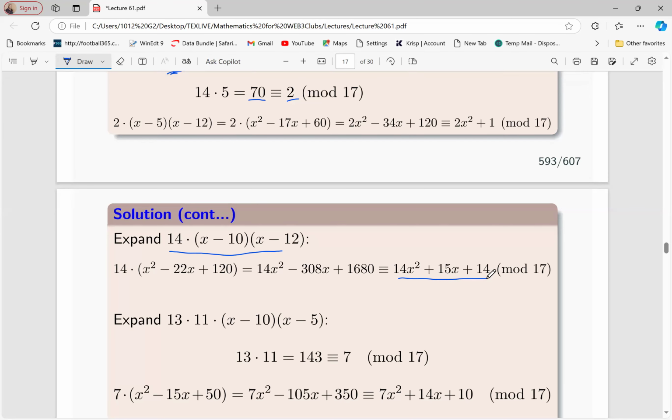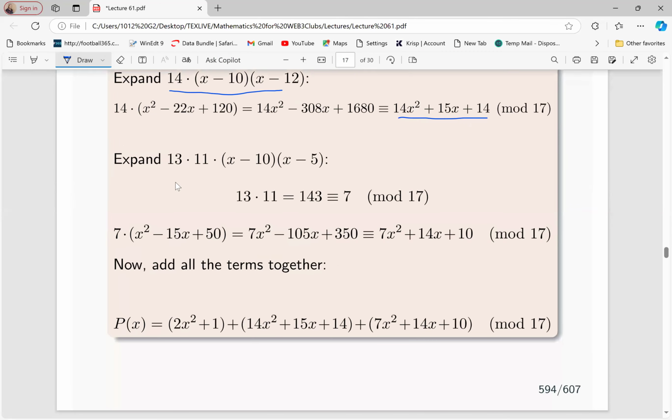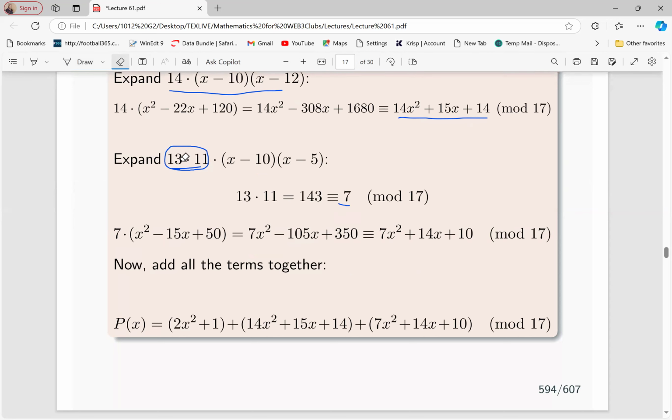Then for L2 of x, 13 times 14, I get 143, and reduce mod 17 to get 7. So this part here is 7, and you multiply that equation by 7.